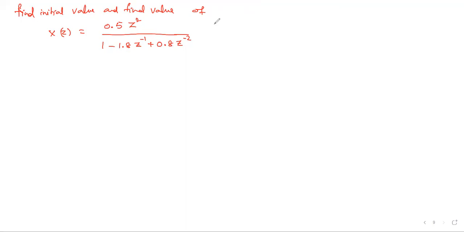Directly they given this. Here it is 0.5 divided by that sum. So this is the question.